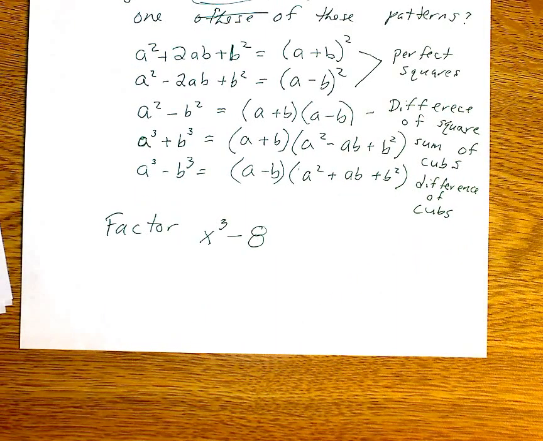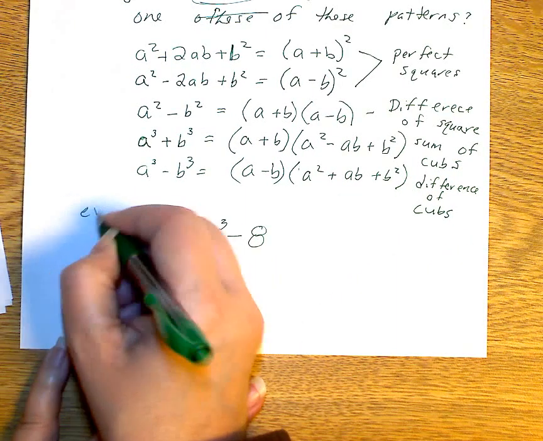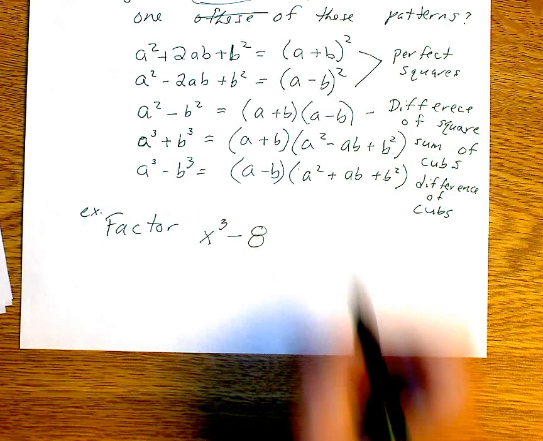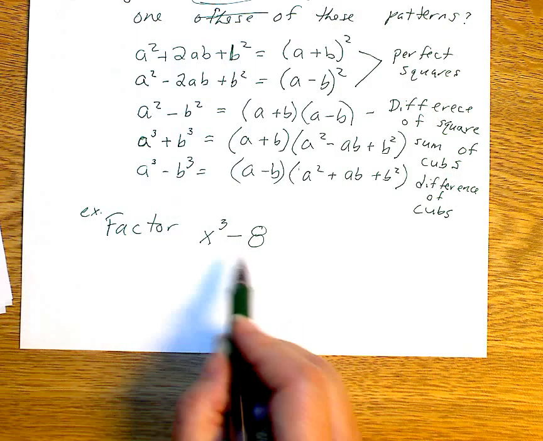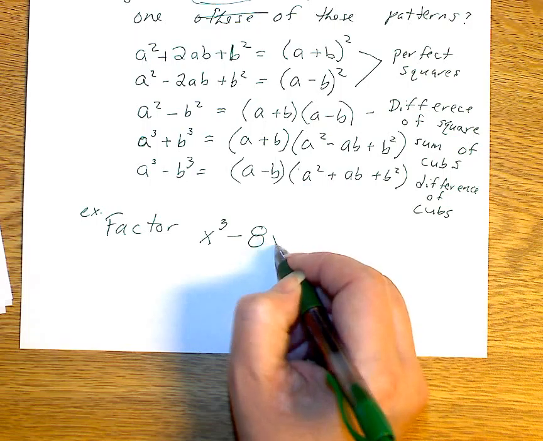So, an example of these types would be like this. Factor x cubed minus 8y cubed.